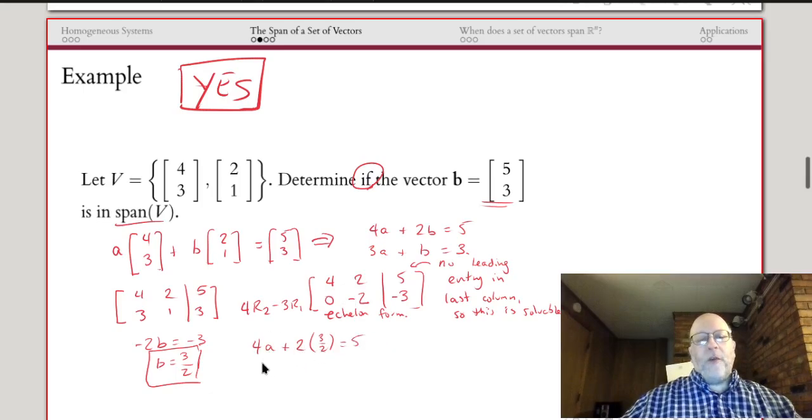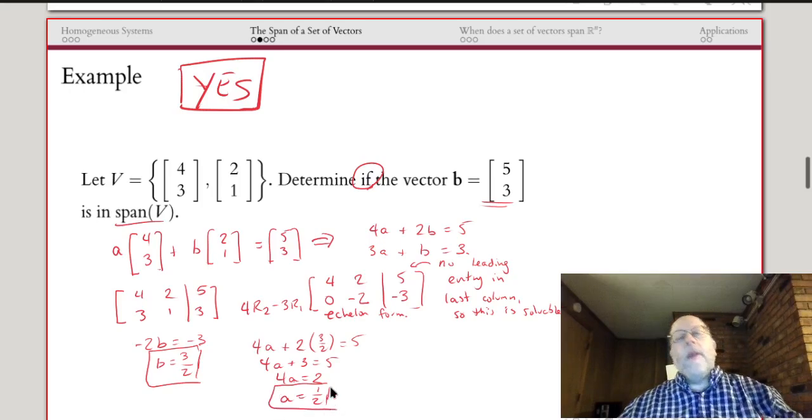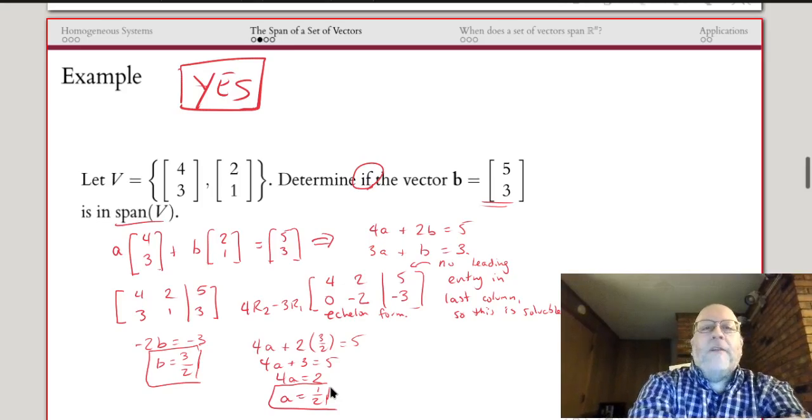Well, 2 times 3 halves is 3, so 4a plus 3 is equal to 5. So 4a is equal to 2, and so a is equal to 1 half. So we could actually solve the system, but that's not actually what the question asked for. That's more work than we needed to do.